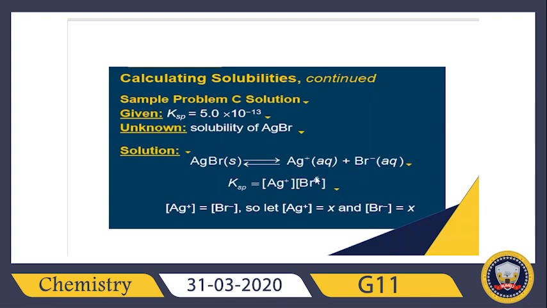The Ksp value is equal, as I said, to the concentration of silver multiplied by the concentration of the bromide, and at equilibrium we say that the solubility, which is here the unknown value, or X, is equal to the concentration of what? The concentration of silver and the concentration of the bromide ion.